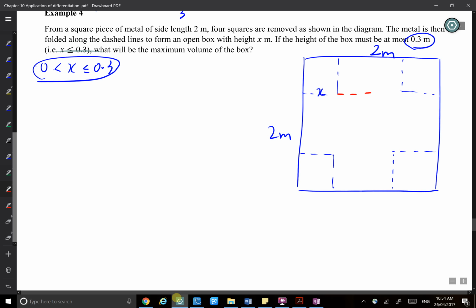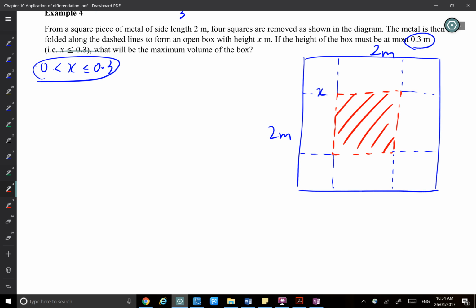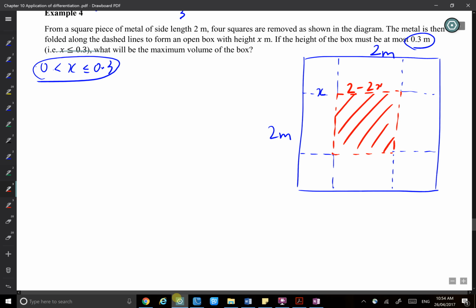We have done this type of question a lot. The base of this box will be this red thing here, and it's also a square. So it's 2 minus 2x, 2 minus 2x. So volume will give me (2 minus 2x) squared, times x, the base times the height.